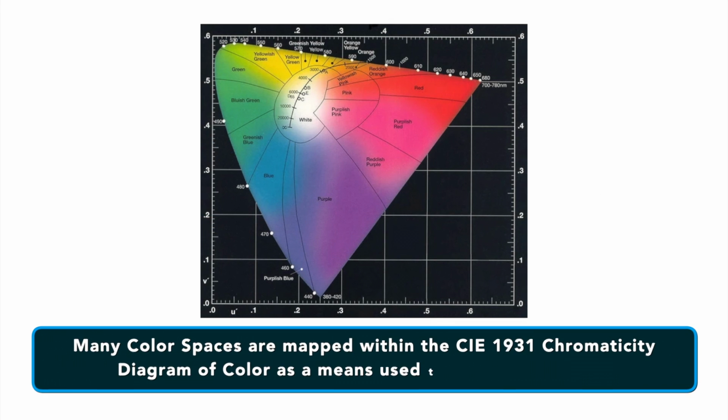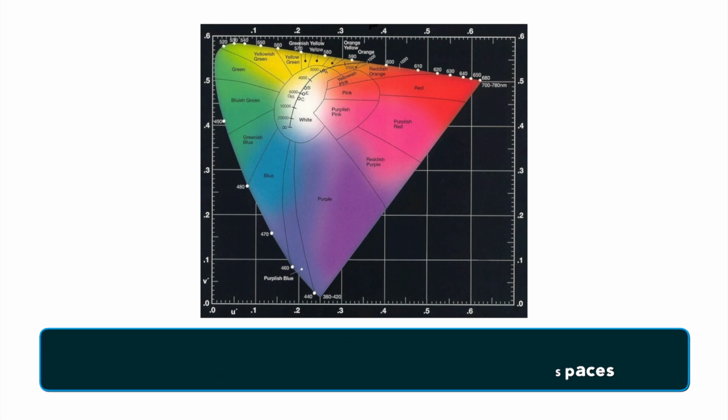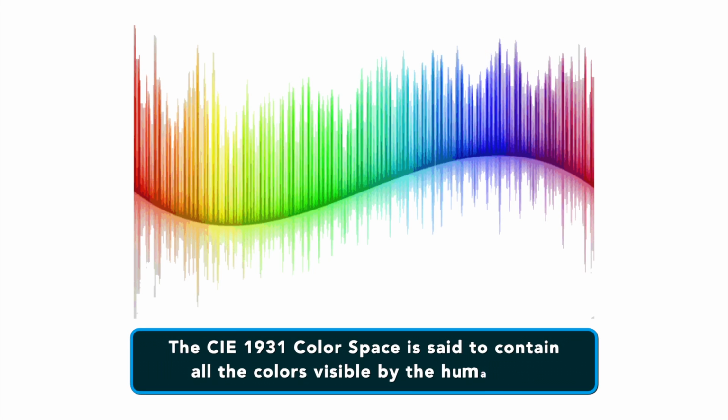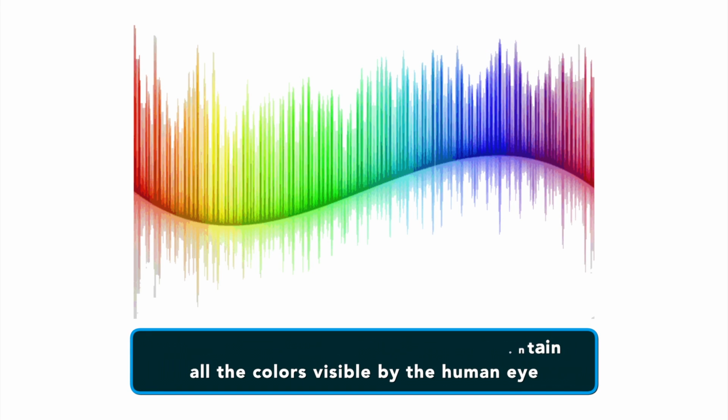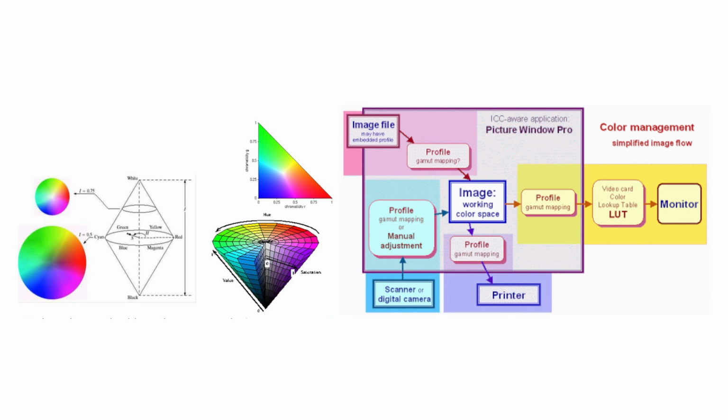All of the color spaces mentioned above are generally mapped with the CIE 1931 chromaticity diagram of colors, as a means used to map color spaces. This space is said to contain all the colors visible to the human eye. Selecting the color space to work in is the first step in developing a good color management workflow.